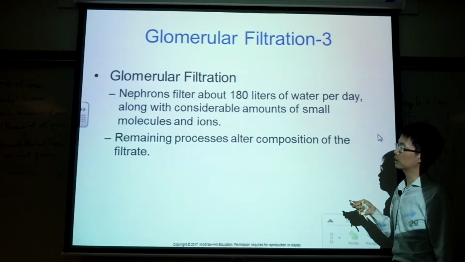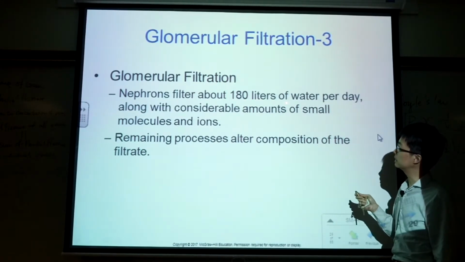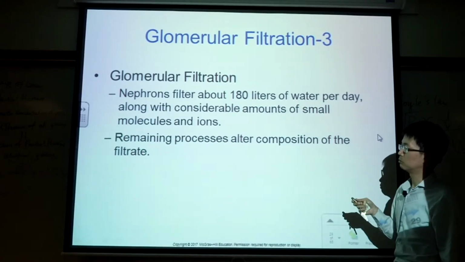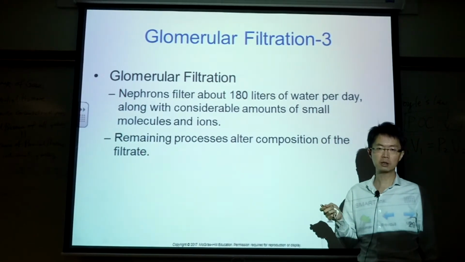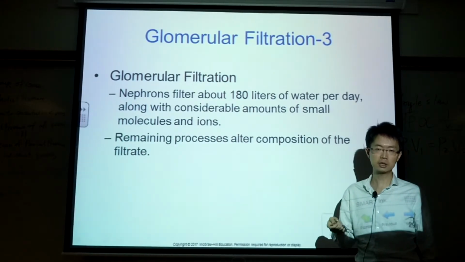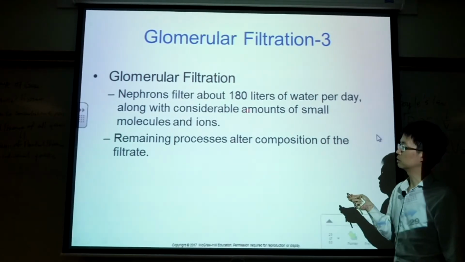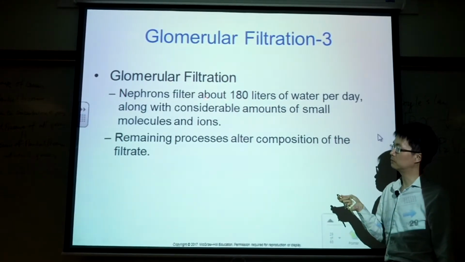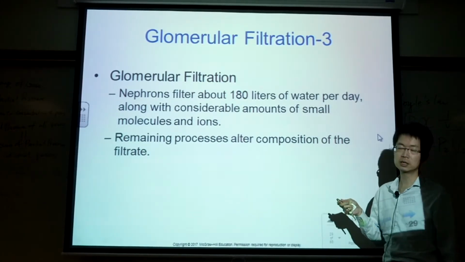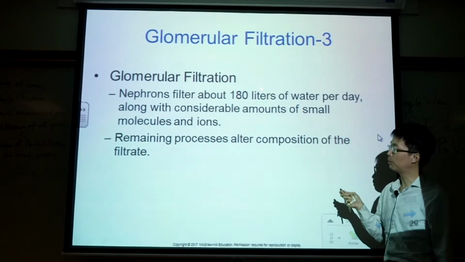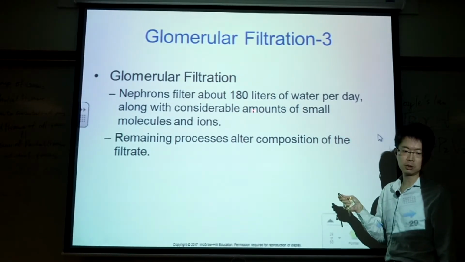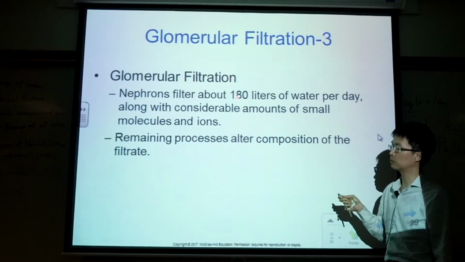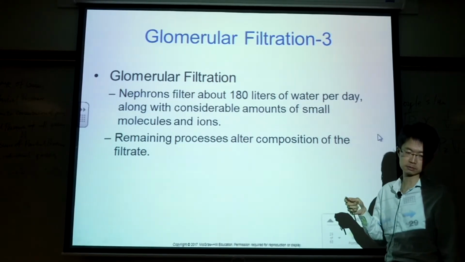So glomerular filtration, our kidney filters about 180 liters of water per day. Well, you may think, we filter that much, but when I go to urinate, I don't get that much urine. The truth is that yes, the nephron or the glomerulus does filter this amount, 180 liters per day, but our body reabsorbs most of the water back to the capillaries.